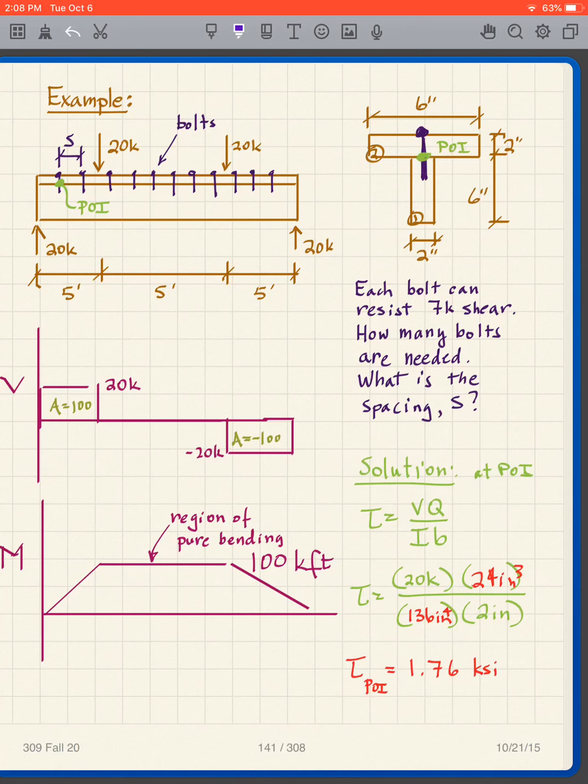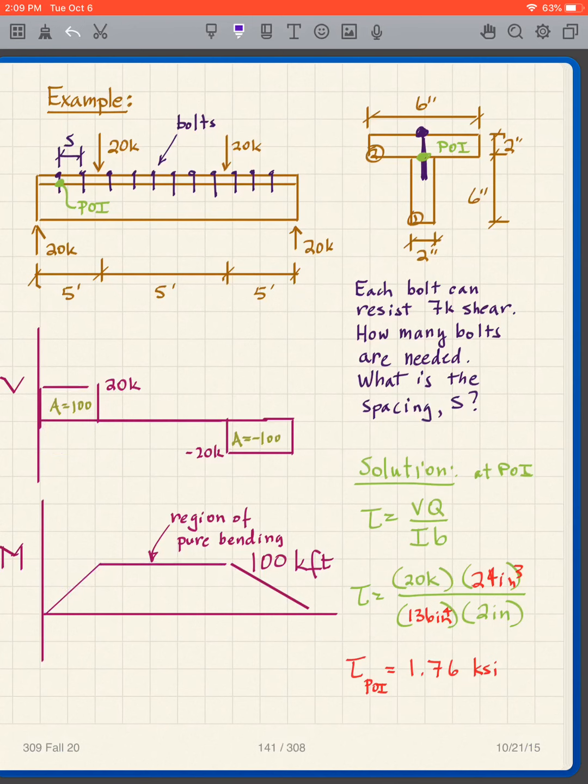I draw the shear diagram up over. I draw the moment diagram, that's my area, so I go up there. There's nothing in this region, which means I go straight across on my moment diagram. And then that area is negative 100, so I go down.